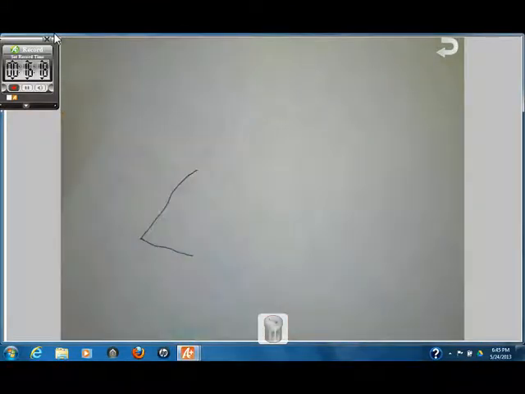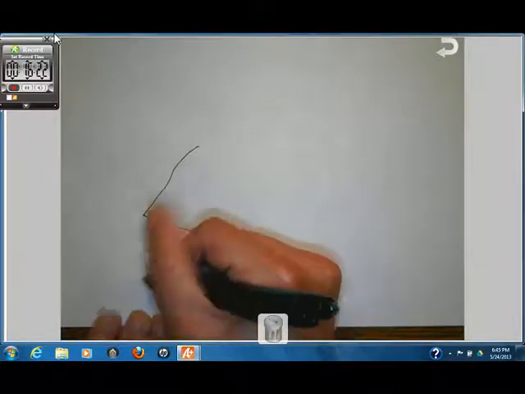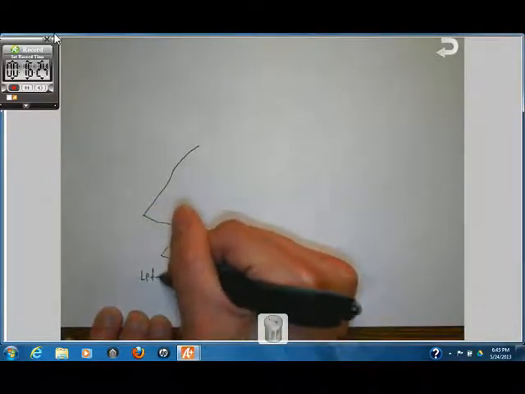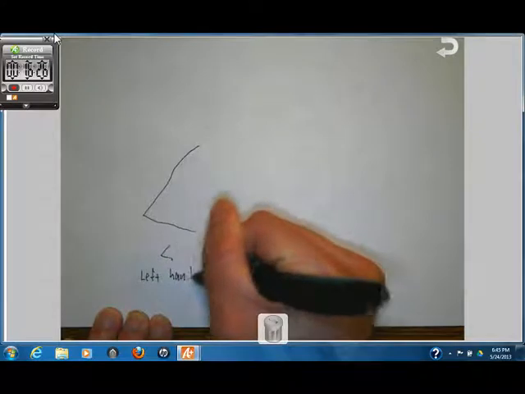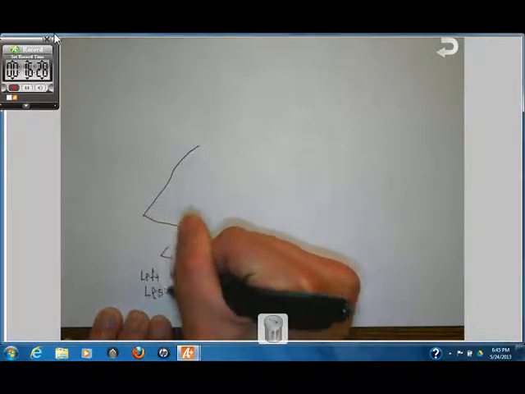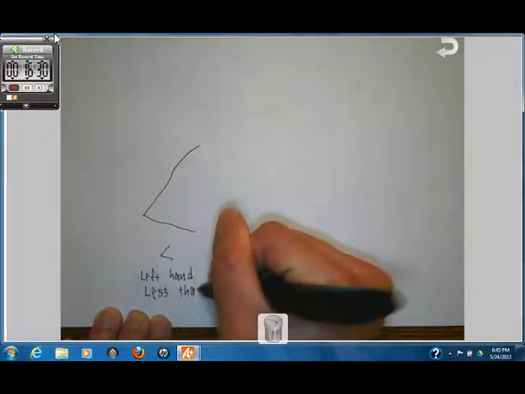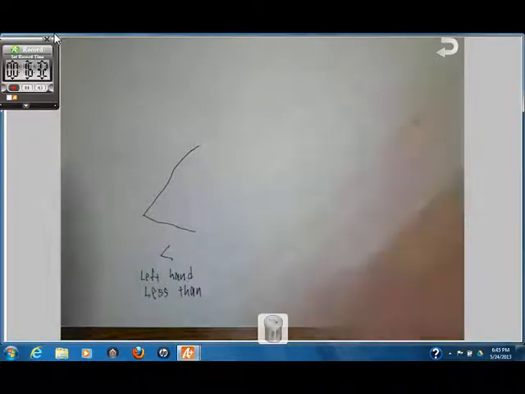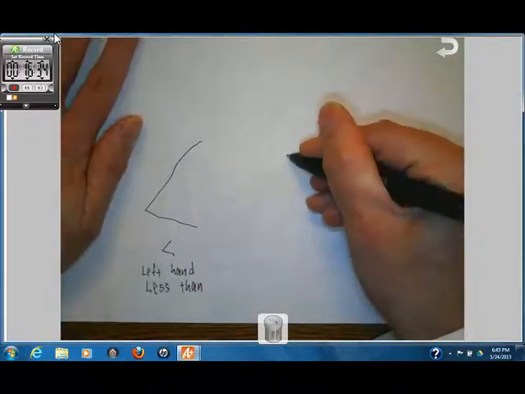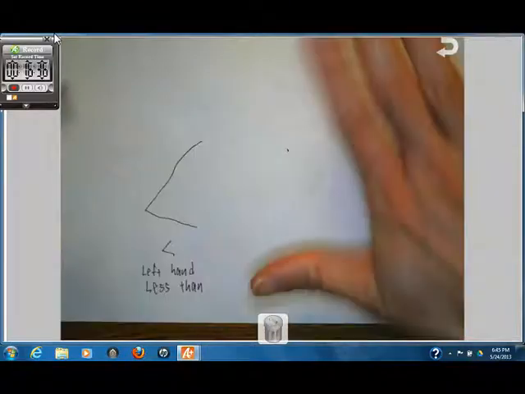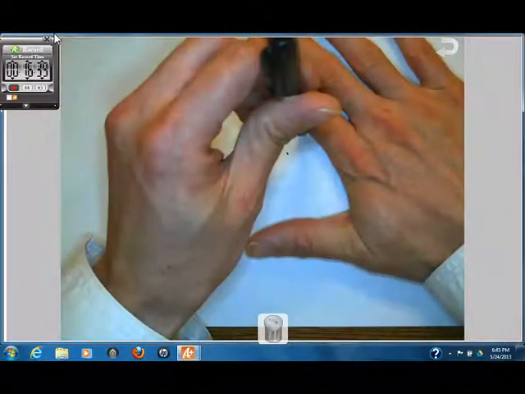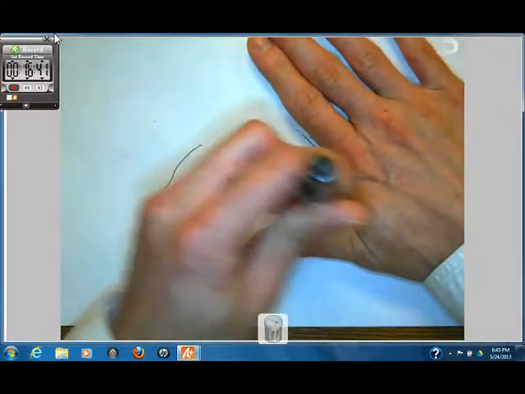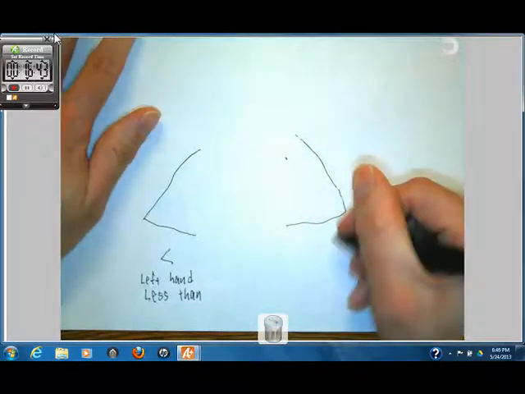There we go. My right hand looks like greater than. Now, it doesn't exactly rhyme the way left hand less than does, but if you can remember left hand less than, you've only got two hands, and if you have a third hand, there's something wrong with you. So, this should be sufficient for you to remember the difference between less than and greater than just by looking at it. Okay, so, back to the practice problem.